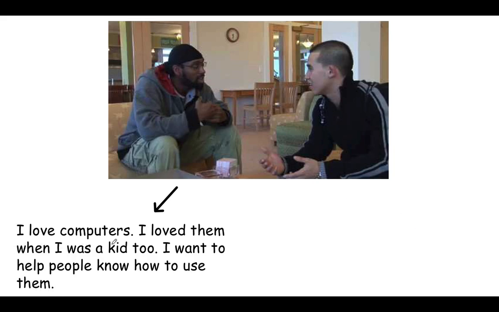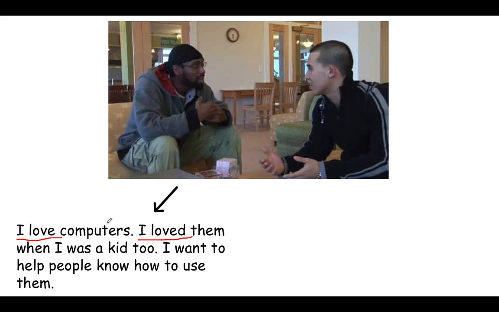"I love computers." So he used the simple present tense. "I loved them when I was a kid too." So you'll see that there are two different tenses, two different ways to talk about time in these two sentences. This sentence says, "I love computers." This means that he loves computers right now, all the time.